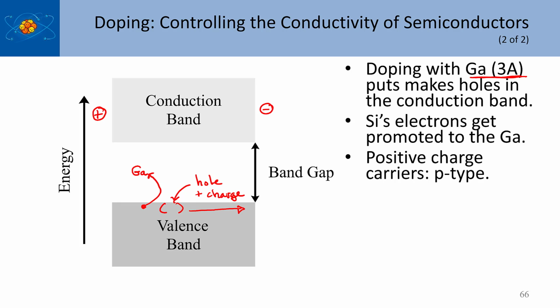So charge is actually carried by the promotion. You promote the electron into the gallium, the electron deficient substance in the gap, and then the hole is what moves. And so we call this a P-type because charge is being viewed as being carried by the positive charge, which is really just the absence of an electron.